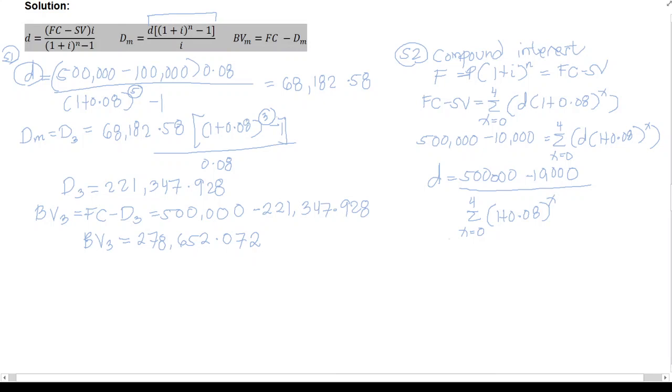So if we are going to compute that one, the depreciation is equal to 68,182.52. So it's the same with solution 1.